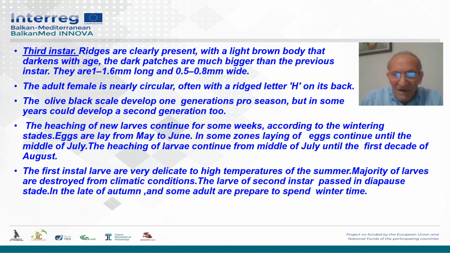The hatching of the larvae continues from the middle of July until the first decade of August. The first instar larvae are very sensitive to high temperature in the summer. The majority of the larvae are destroyed by climatic conditions. The larvae of the second generation go into diapause. In the late autumn, some adults are prepared for the overwintering time.